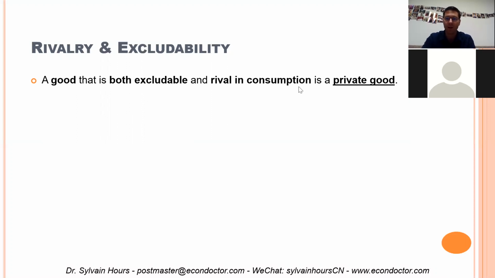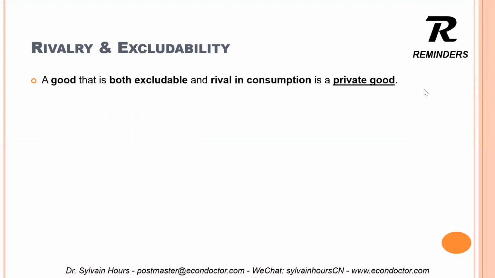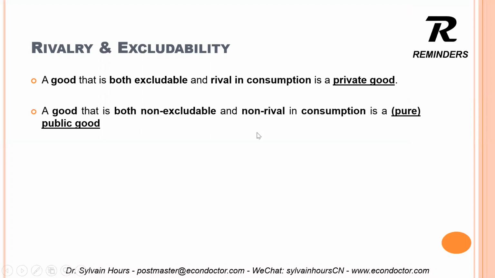A good is, and this is actually 99% of all goods and services in the economy, they are both excludable and rival, private goods. The opposite of a private good is, of course, a public good, a good that is both at the same time non-excludable and non-rival in consumption.